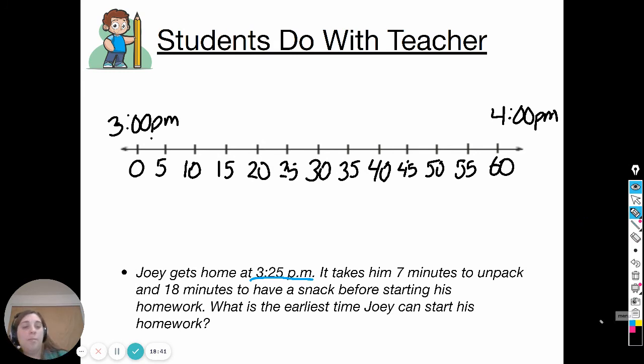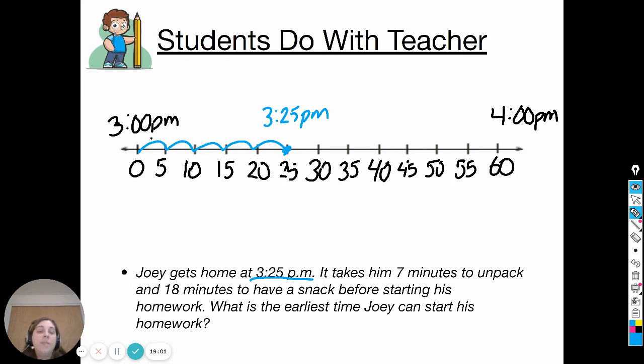Okay, so we're going to count by fives. 5, 10, 15, 20, 25. I'm going to plot my point right there, and that is 3:25 p.m. So that's when he gets home.